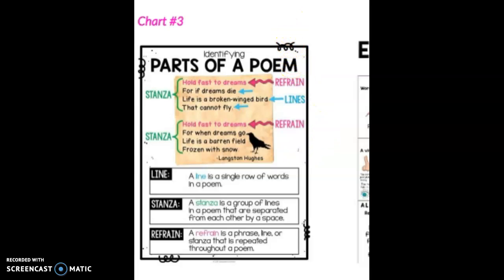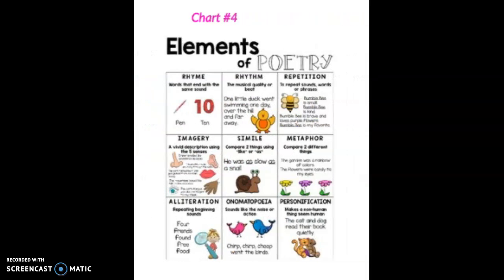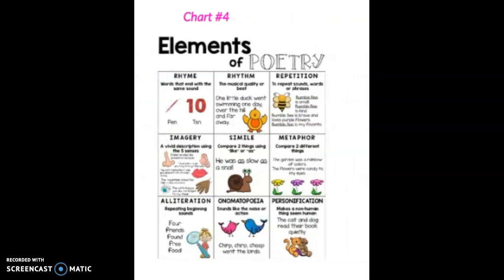Okay? Next, I want us to look at the elements of poetry. Now, as we've looked at these different poems, and as you are going to be writing your poems, authors use sound devices or elements to help bring their message and their poems alive, right? And so they use what we know as figurative language.